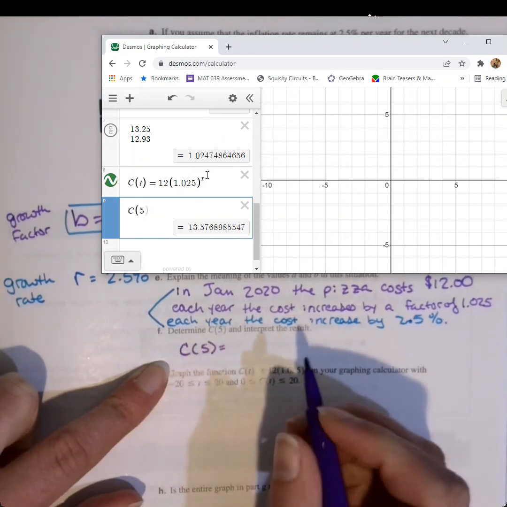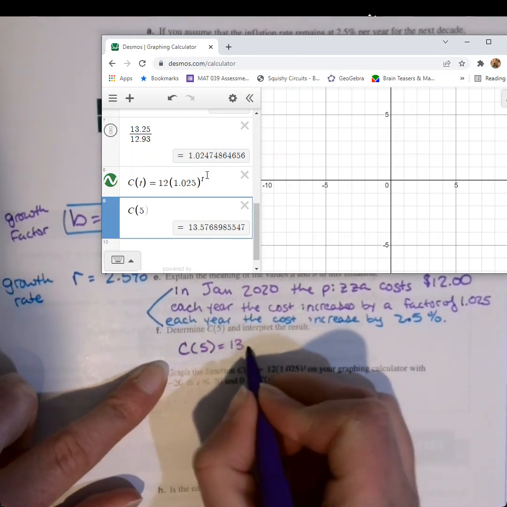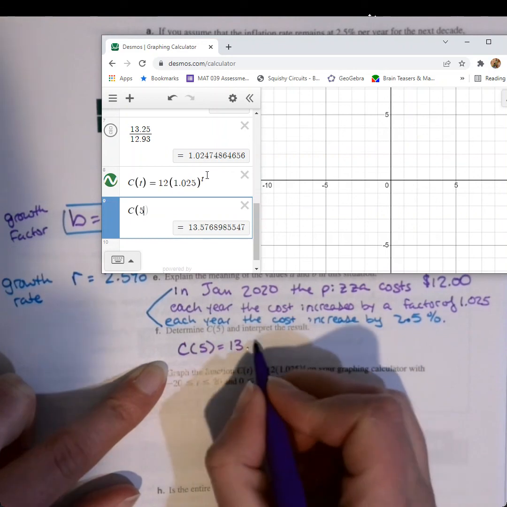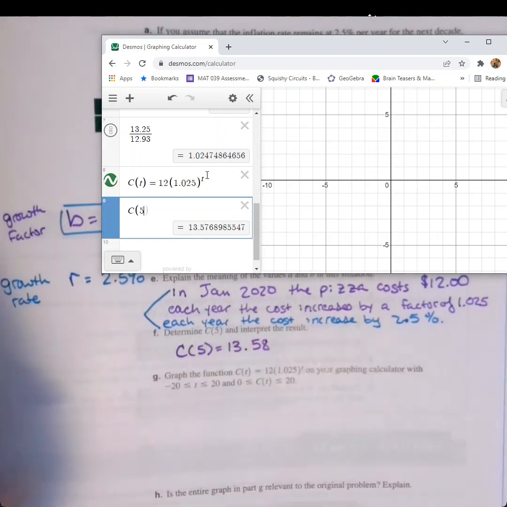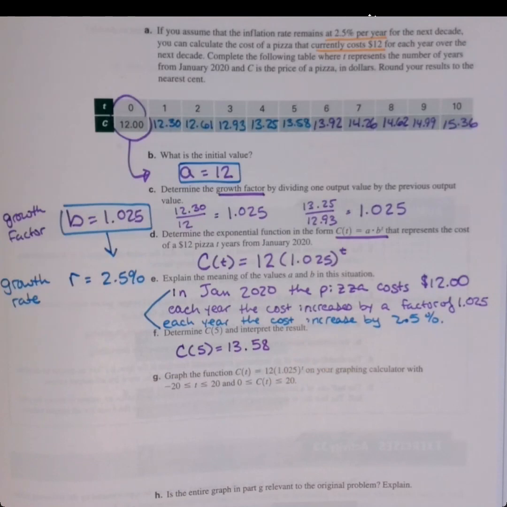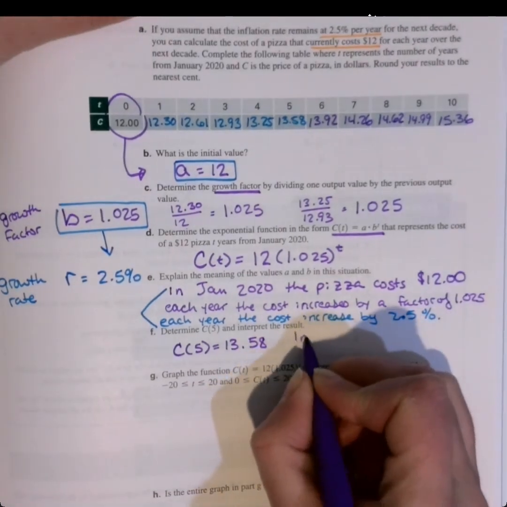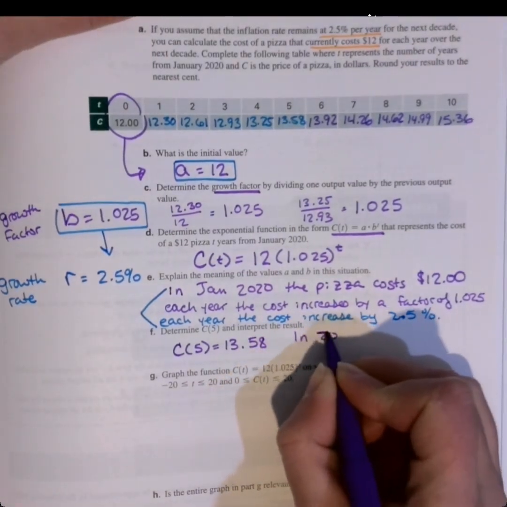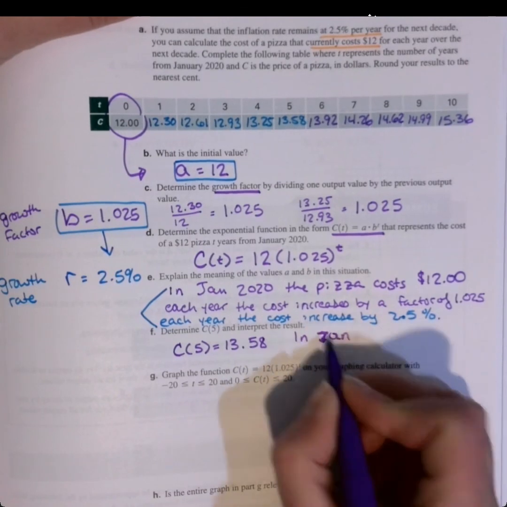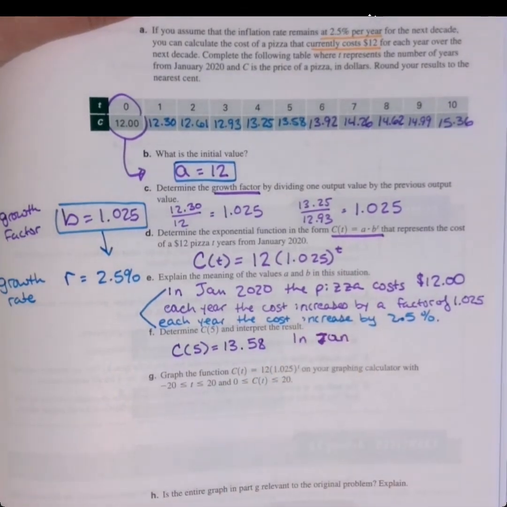C of 5 is 13.58. That matches what I have in the table once I round it to the nearest cent. That's perfect. And interpret the result. So that's 5 years after 2020. So my interpretation would say, oops, I should put in January here since the January prediction was the whole number.